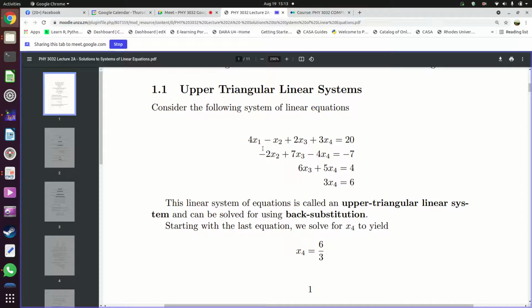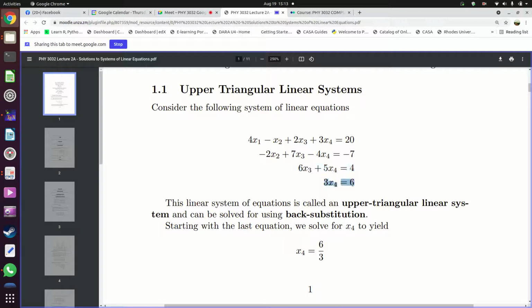You can see where it looks like a triangle like this. And it will become very apparent why it looks like this, because it actually does form when you put this kind of equation in another format, which we're going to see how to do. It actually does look like an upper triangular system. So if you've got a linear system like this, then the equations are arranged in this manner.